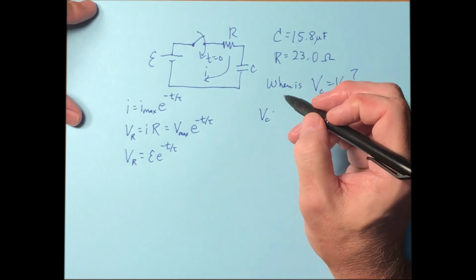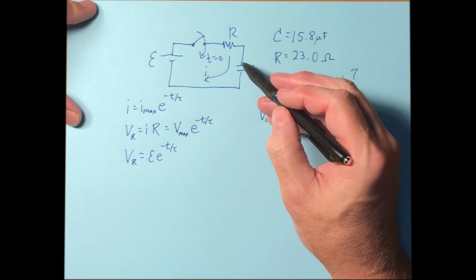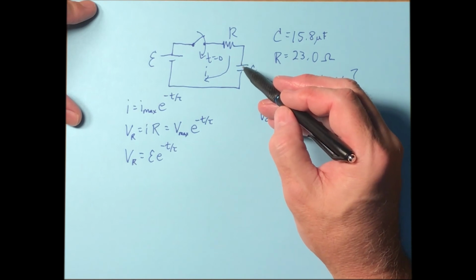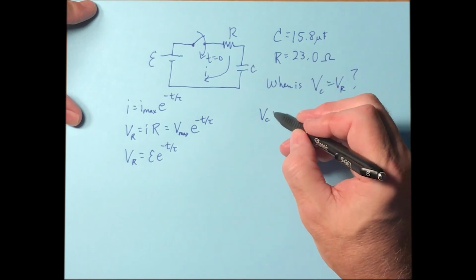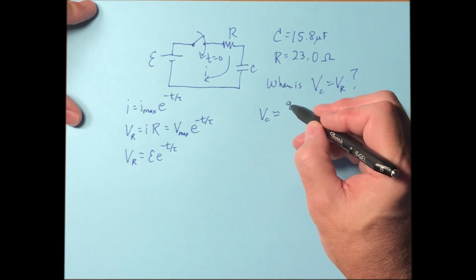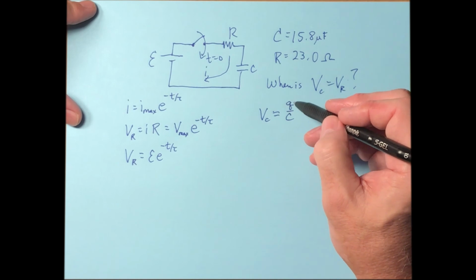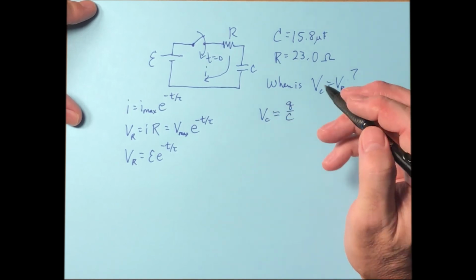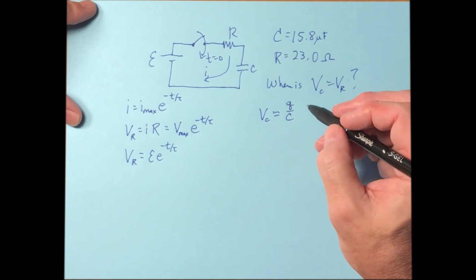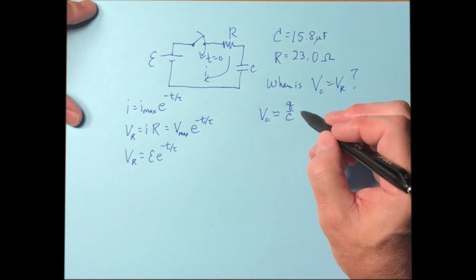Well, what about the voltage across the capacitor? What's that equation going to look like? As this thing starts charging up, it's getting greater and greater voltages across the plates. Now, the voltage across the capacitor is given by Q over C. So if you knew what the equation for Q looked like, you'd also know what the equation for voltage looks like, and you can very quickly figure that out, I think.